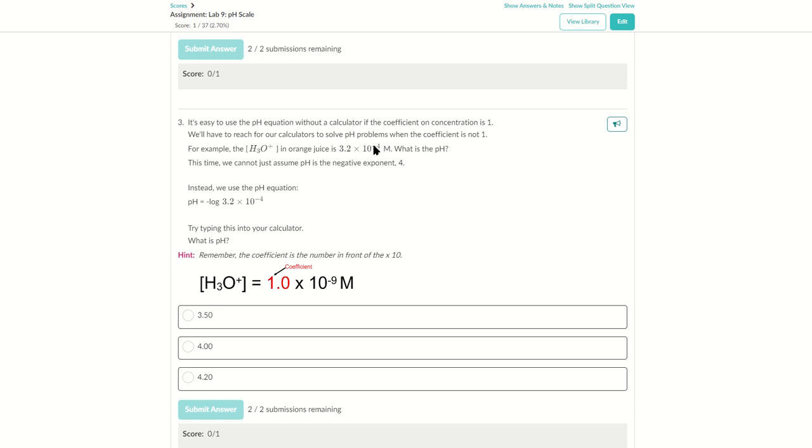We saw that this exponent is going to tell us the number, right? But the 3.2 is also going to affect it a little bit. Not a lot, but a little bit. So that's what you are going to see, how that is changed right here when you plug this in to get the pH of this.